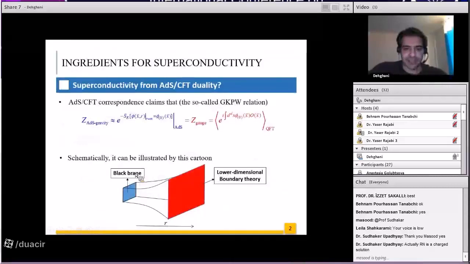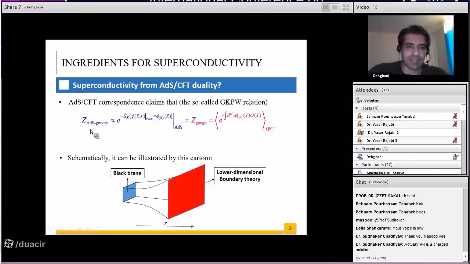in holographic phenomena. AdS/CFT correspondence claims that strongly coupled quantum field theories can be understood in terms of weakly coupled gravitational fields. The left-hand side of this famous relation is the partition function of gravity or bulk theory, which is evaluated by saddle point approximation.